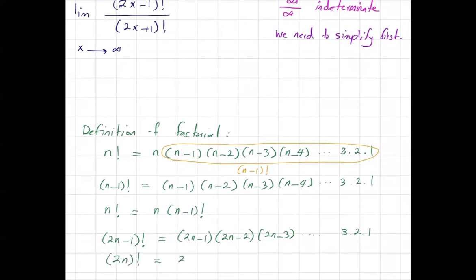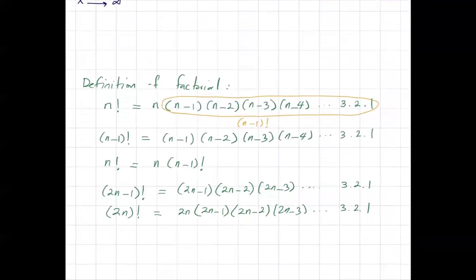It is 2n times (2n minus 1) times (2n minus 2) times (2n minus 3) times 3 times 2 times 1. We see the same recursion here, everybody. When you have (2n) factorial, (2n minus 1) times (2n minus 2) times (2n minus 3) times 3 times 2 times 1 is nothing but (2n minus 1) factorial.